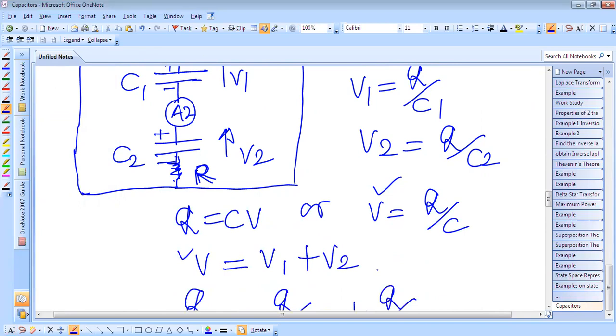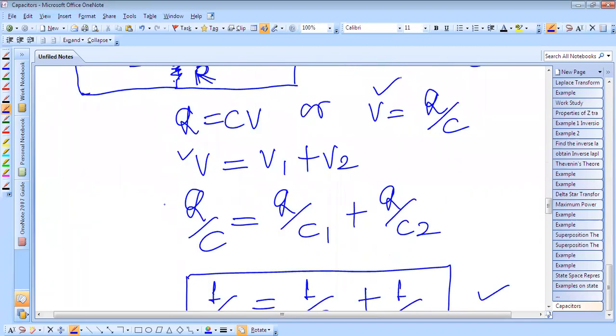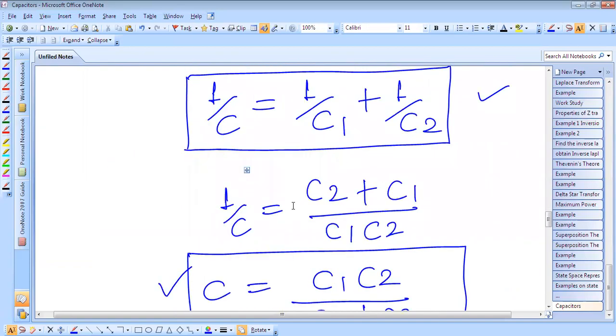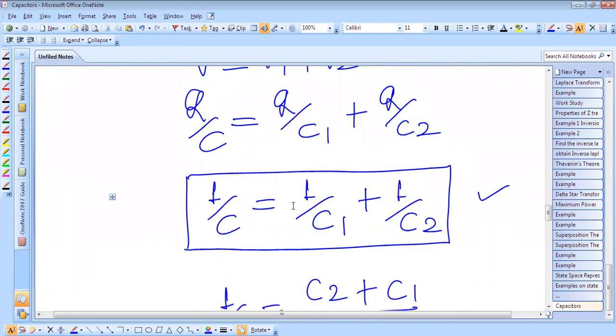So therefore, Q is equal to CV, and the total voltage across this circuit is V1 plus V2. So if you write Q by C instead of V, and Q by C1 plus Q by C2 instead of V1 plus V2, we can cancel Q from both sides and we get the relation for the capacitors.